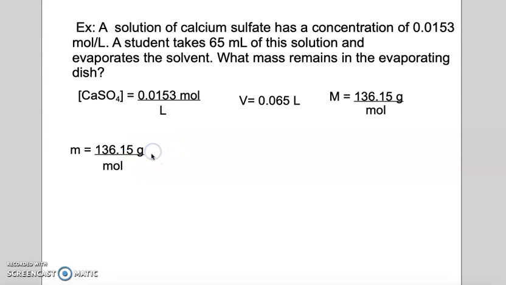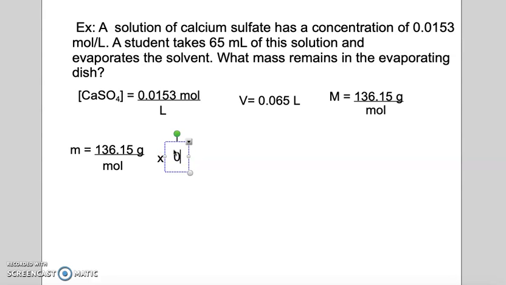Now we need to get rid of some stuff, right? We don't want to have moles. We just want to have grams. So how are we going to get rid of it? Well, we've already used this. We can't use this again. This doesn't have moles, but this does. So if I want to get rid of moles, because right now it's on the bottom, I need this on the top, which again, conveniently, it's already on the top.